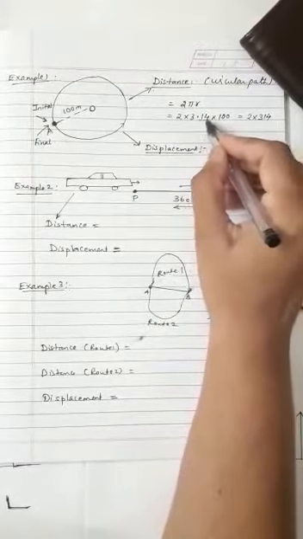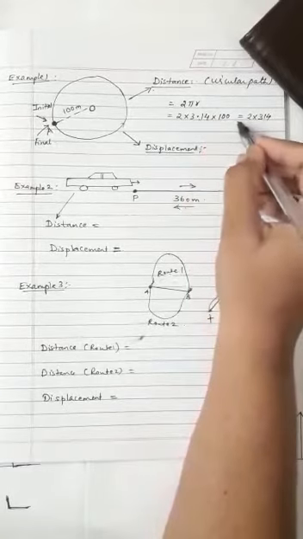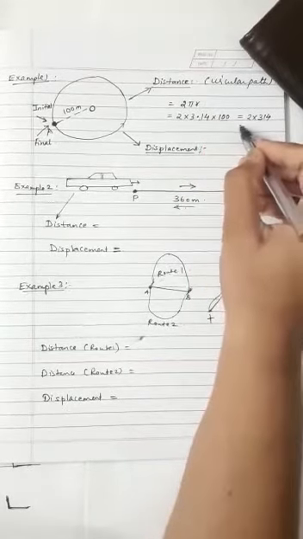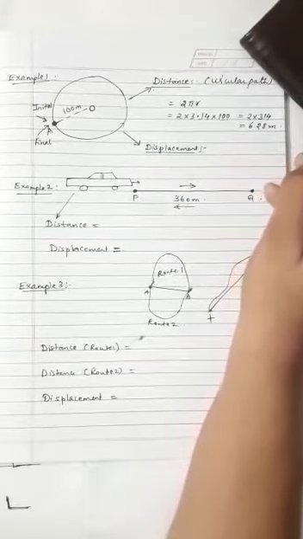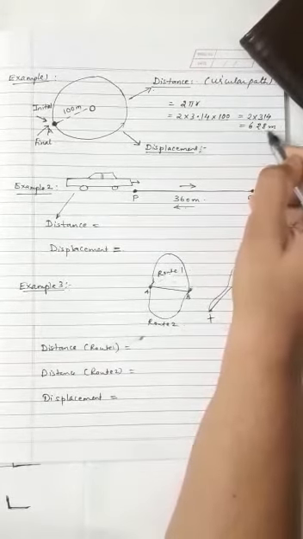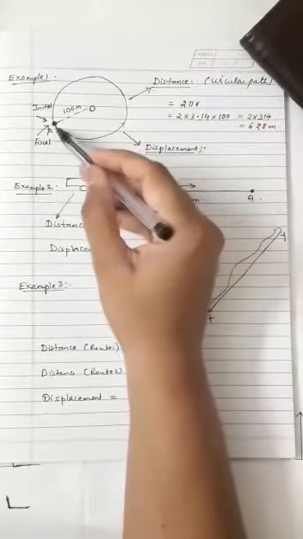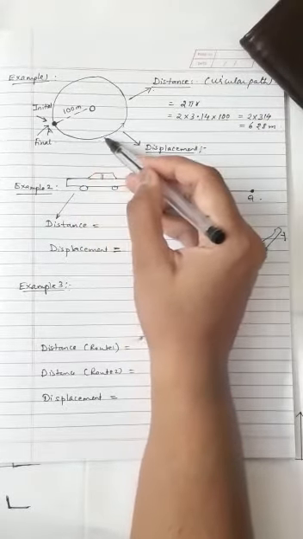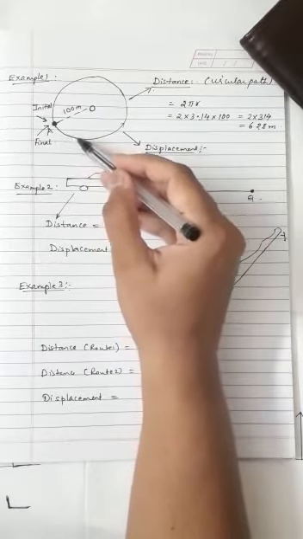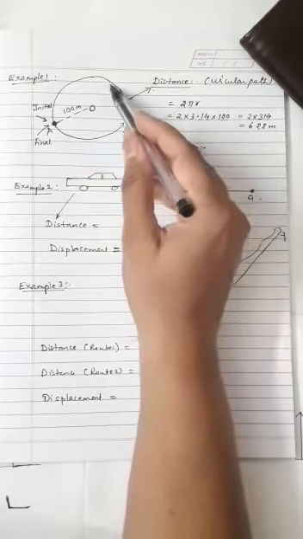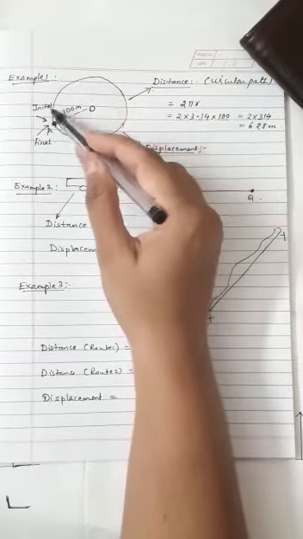The two places after the decimal point are adjusted with these two zeros. So the answer is 628 meters. This is the actual distance travelled by Shreya as she moves from point A and comes back to the same point A.